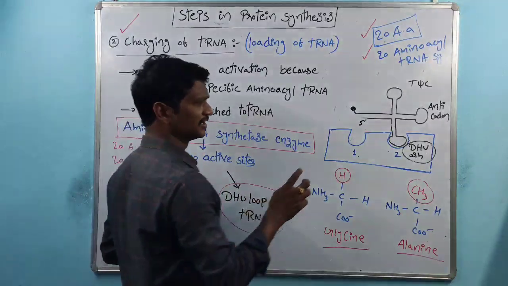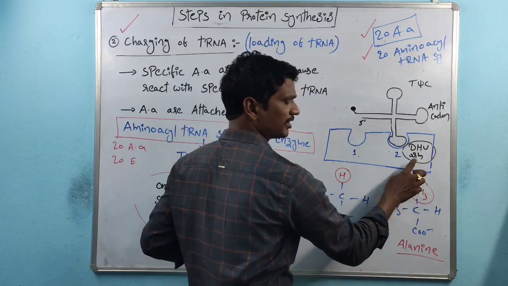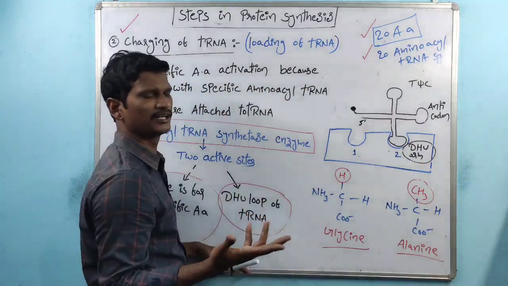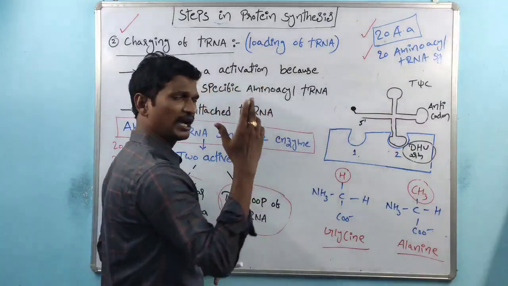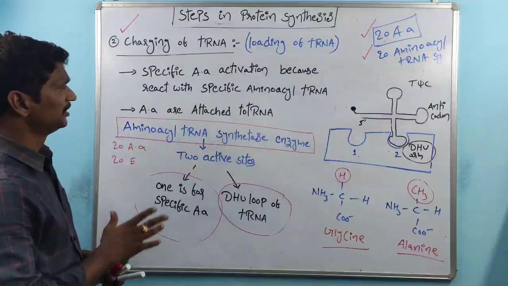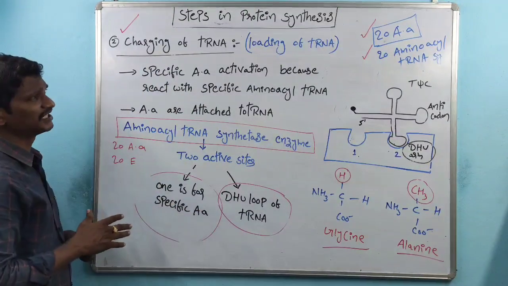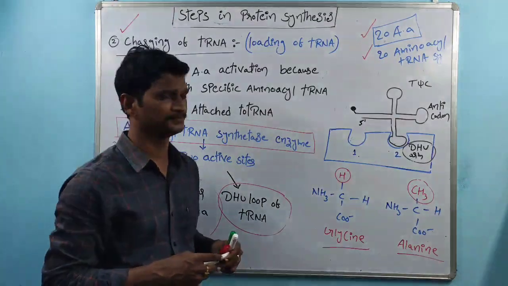So the simple concept is, if the amino acid anticodon is matched and the DHU arm is also matched, then the amino acid binds to the amino acid acceptor arm. That is charging of tRNA or loading of tRNA.